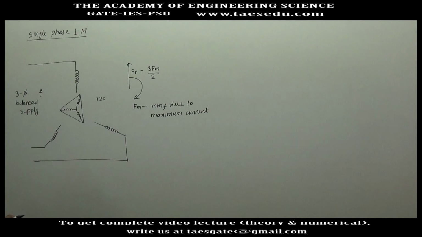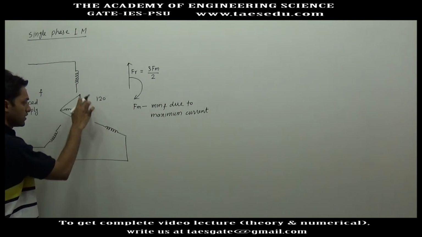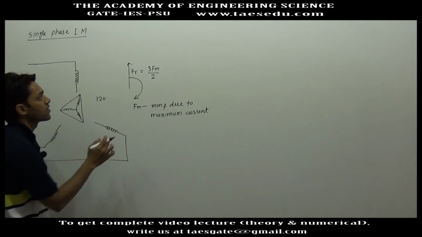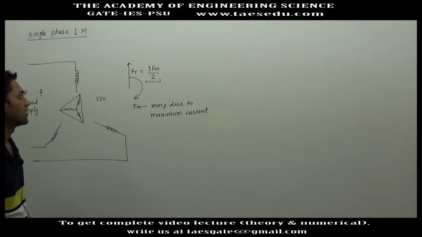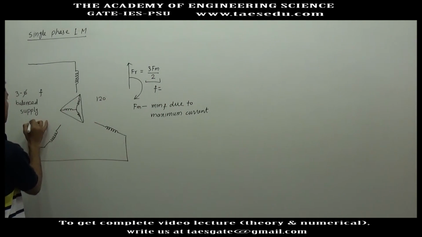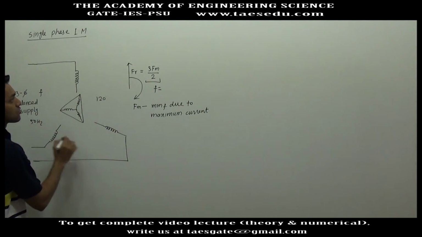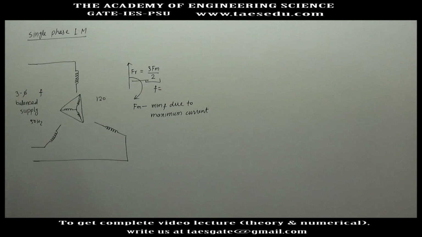So in three-phase induction motor, the main cause of rotating the rotor part is the rotating stator MMF, which rotates at the speed which is equal to frequency. If supply frequency is 50 Hertz, this resultant MMF will rotate with a speed of 50 rotations per second.